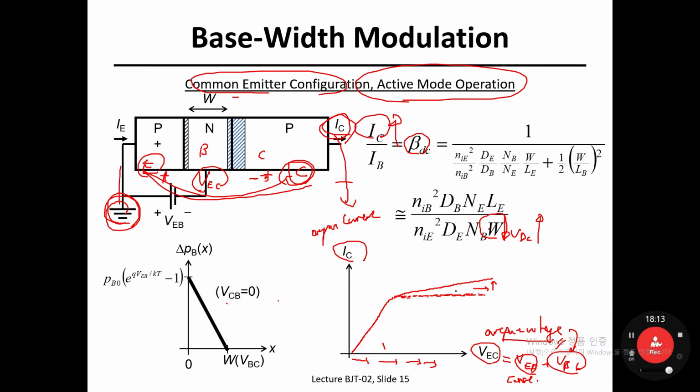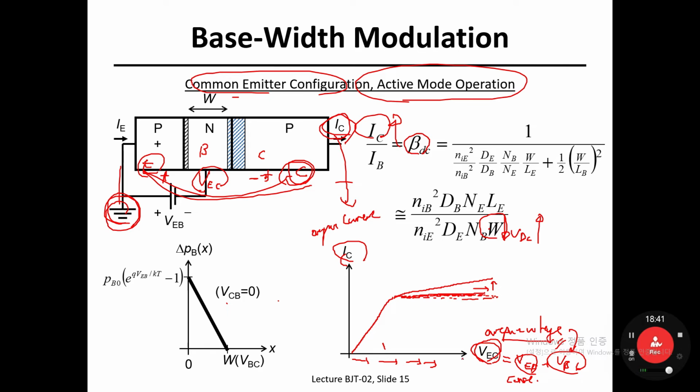This is bad news. If your BJT is perfectly designed as a core transistor in an analog circuit or analog amplifier, your output current, which is I sub C, the collector current, should be saturated very well, whatever your output voltage is. So the output current is very constant, whatever the output voltage is.